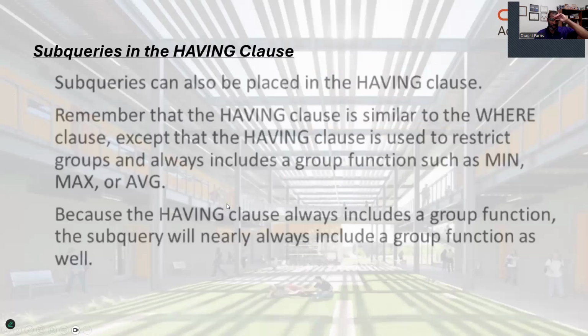Subqueries can also be placed in the HAVING clause. Remember, the HAVING clause is similar to the WHERE, except the HAVING clause is used to restrict groups, and the WHERE is used to restrict rows or records. It always includes a group function such as MIN, MAX, or AVG. Because the HAVING clause always includes a group function, the subquery will nearly always include a group function as well.